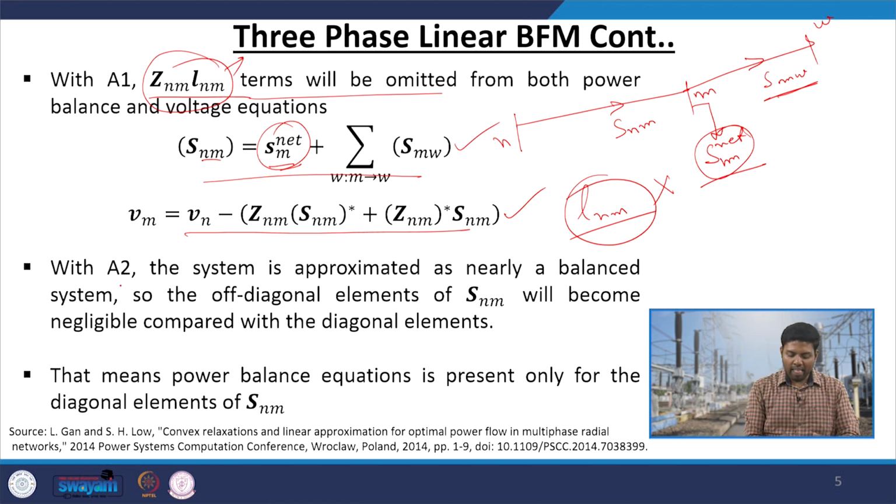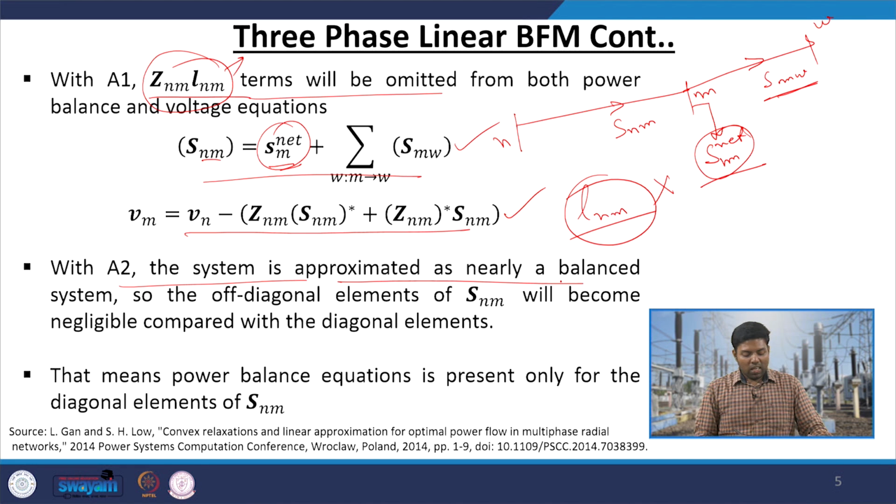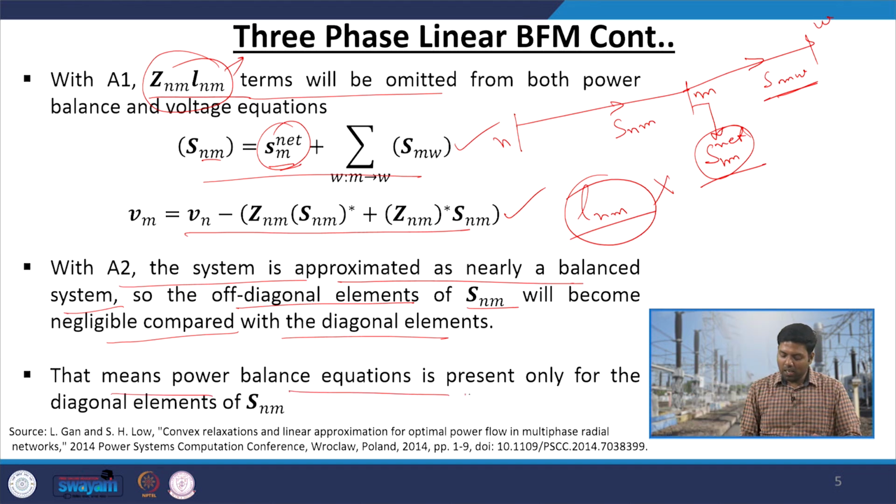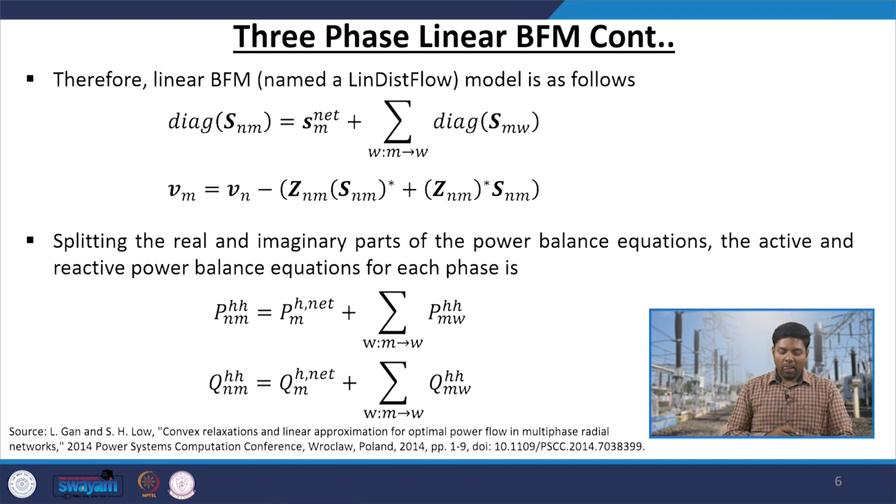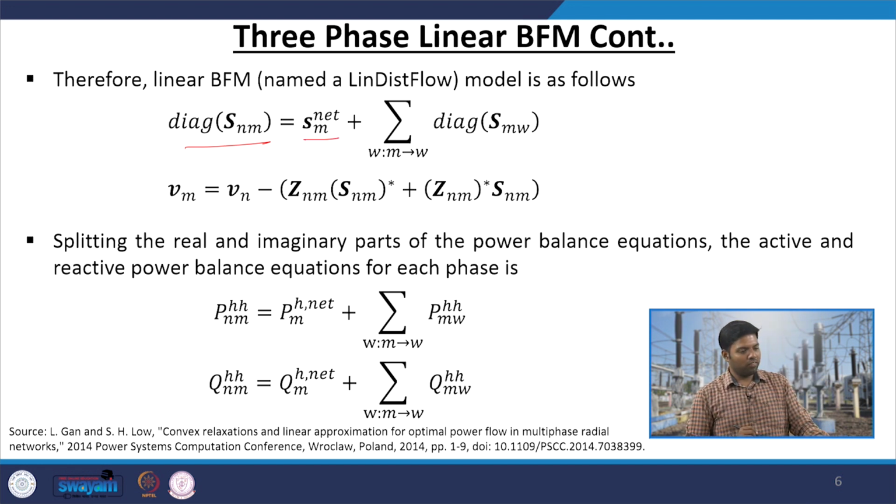Now, with assumption A2, the system will become nearly balanced. That means the off diagonal elements of S_nm will become negligible compared to the diagonal elements. Okay? So, your power balance equation is present only for the diagonal elements. So, your new or revised branch flow model will look like the diagonal of S_nm equals your actual demand at that phase, plus the diagonal element of that.